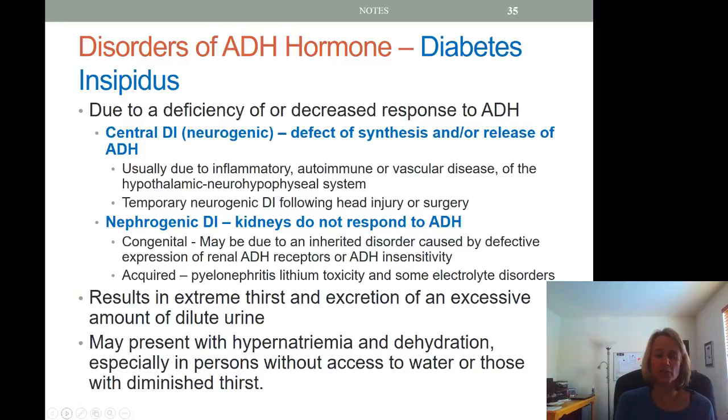So the patient may present with hypernatremia, or high blood sodium, and dehydration, especially if they don't have access to a lot of water, because they're going to need to drink a lot of water. These patients can excrete upwards of 5-8 liters of water a day.